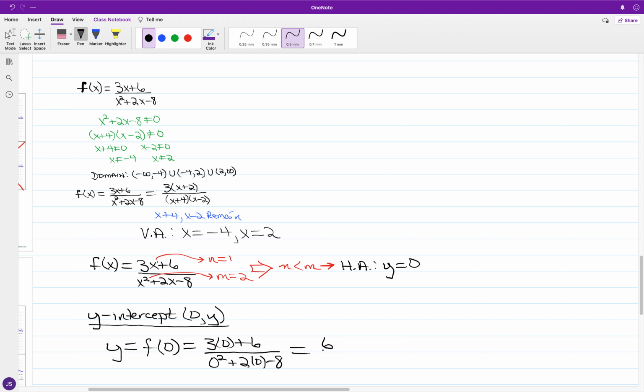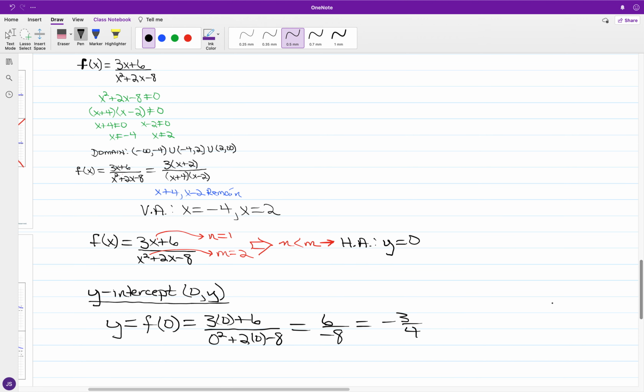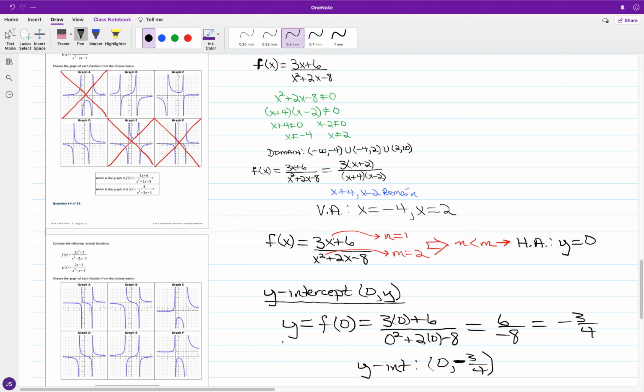So we have 6 over negative 8, and that is negative 3/4. So the y-intercept is at 0, negative 3/4, which is located beneath the x-axis.